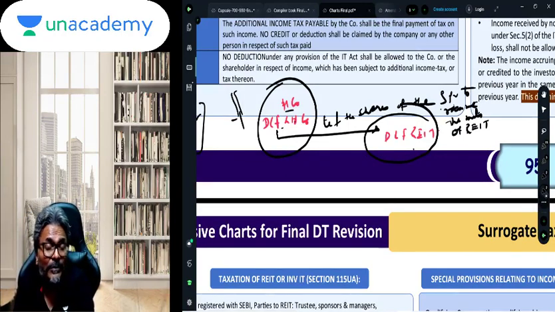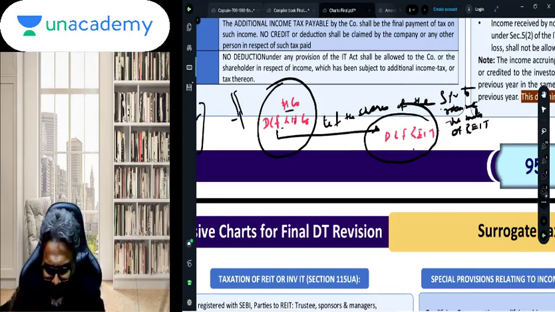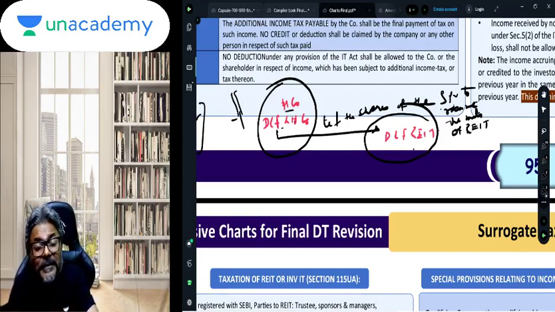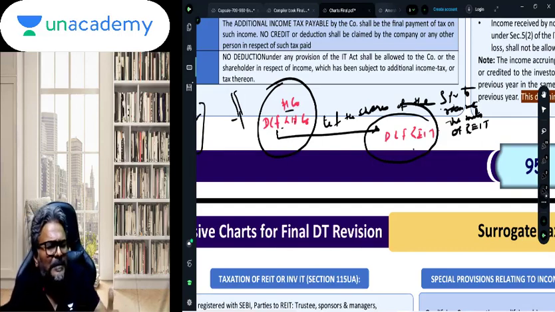But if you say that no, sir, this particular income which I have received from the SPV is such that the SPV has opted for 115BAA, meaning thereby on its profit it has paid tax at the rate of 25.168%, it implies a lower amount of tax has been paid by the SPV, meaning thereby a higher distribution of profit.